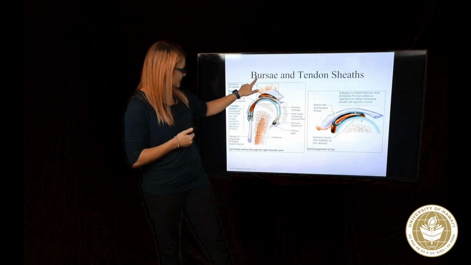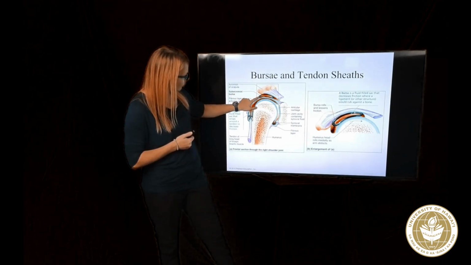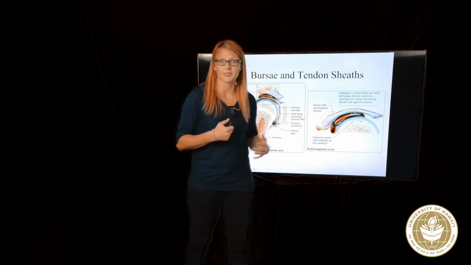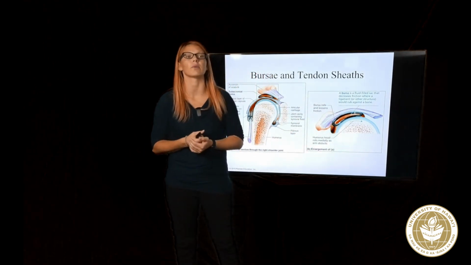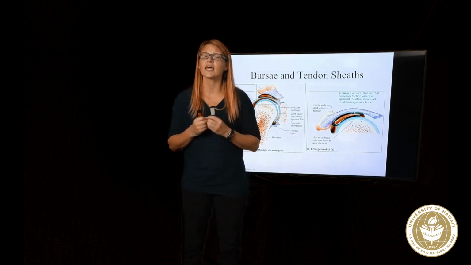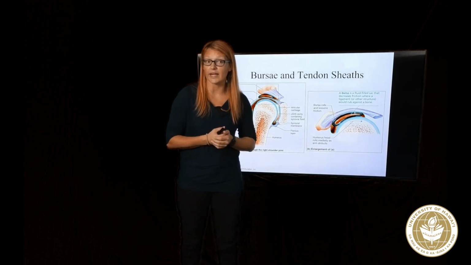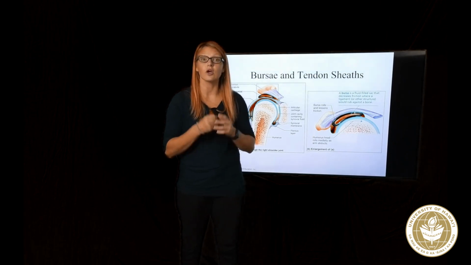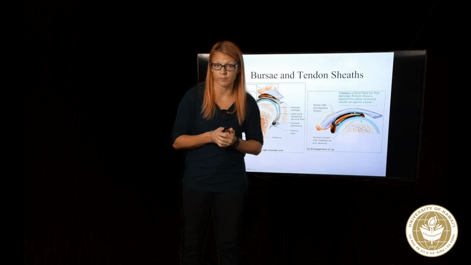So these bursae, you can see here in green, bursa right here. Bursae is just the plural form of bursa. Bursae are going to be flattened fibrous sacs that are lined with synovial membrane inside, and they contain a thin layer of synovial fluid where the areas are going to rub together.